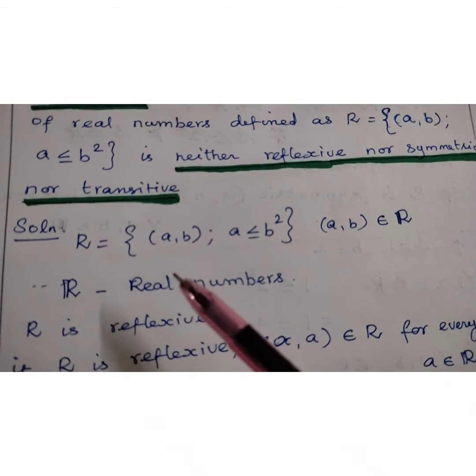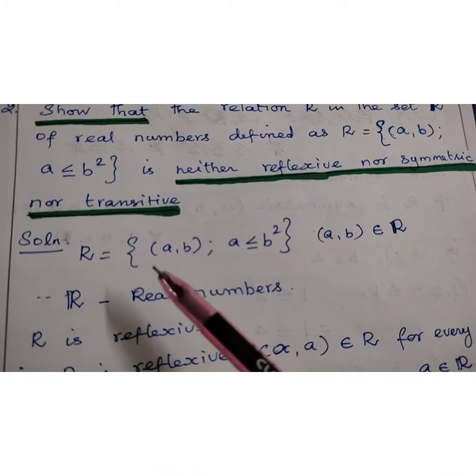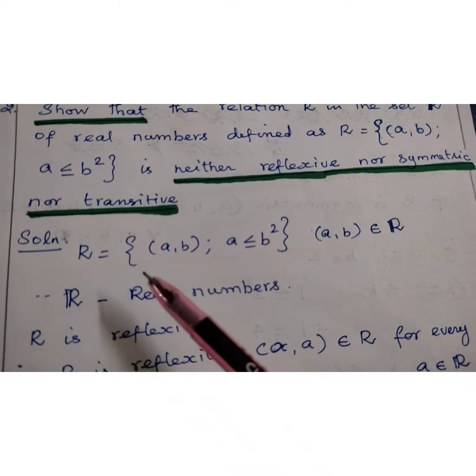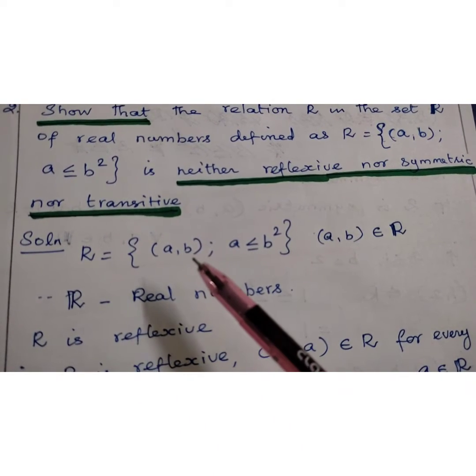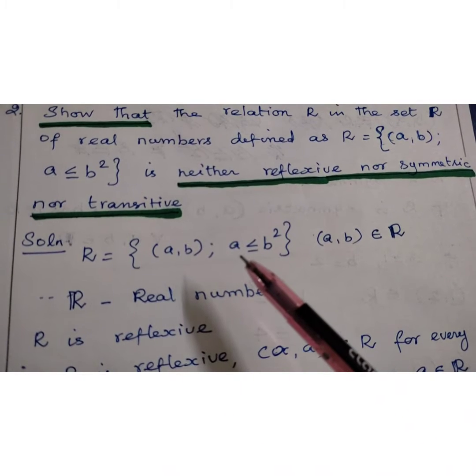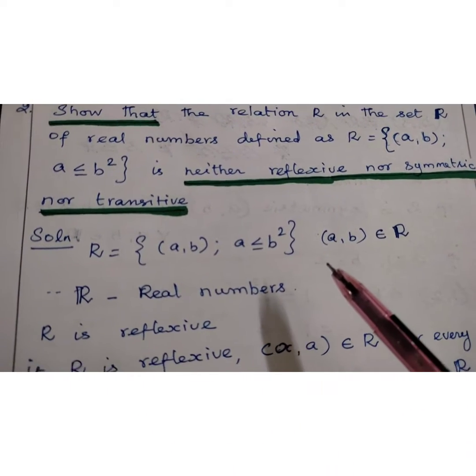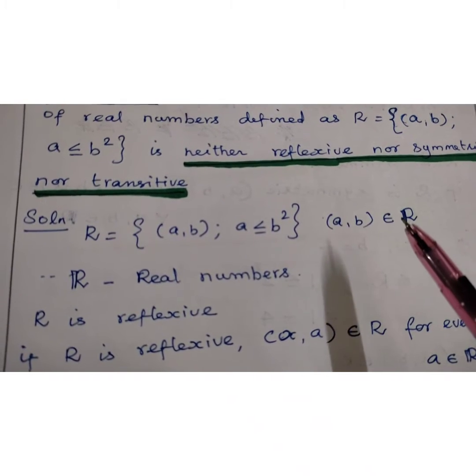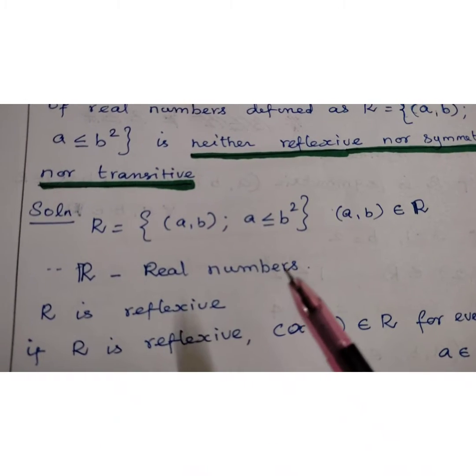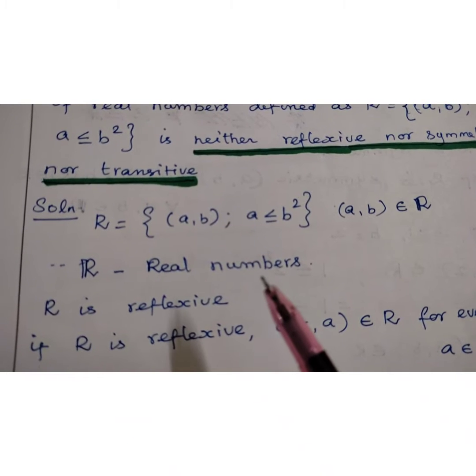Solution: given that R equal to the set of all (a, b) such that the condition is a less than or equal to b square, where a, b belongs to real numbers. R means it is a symbol of real numbers.